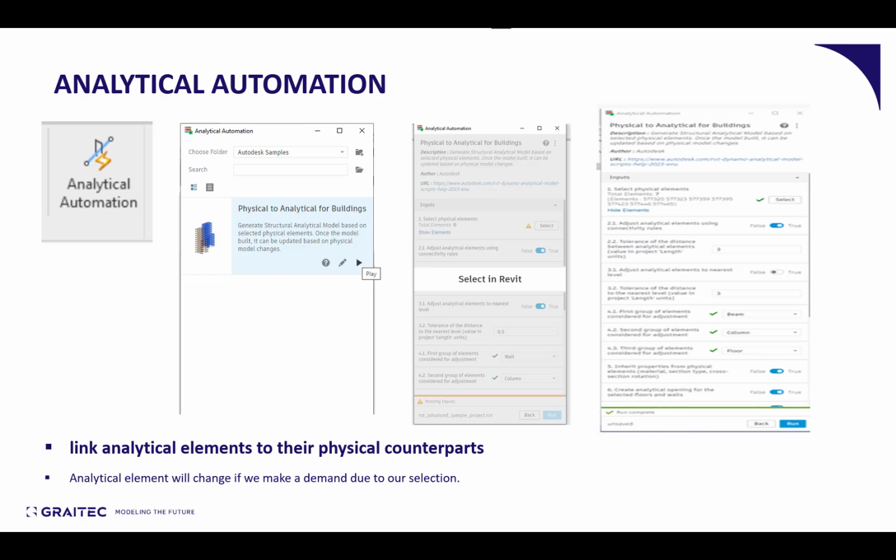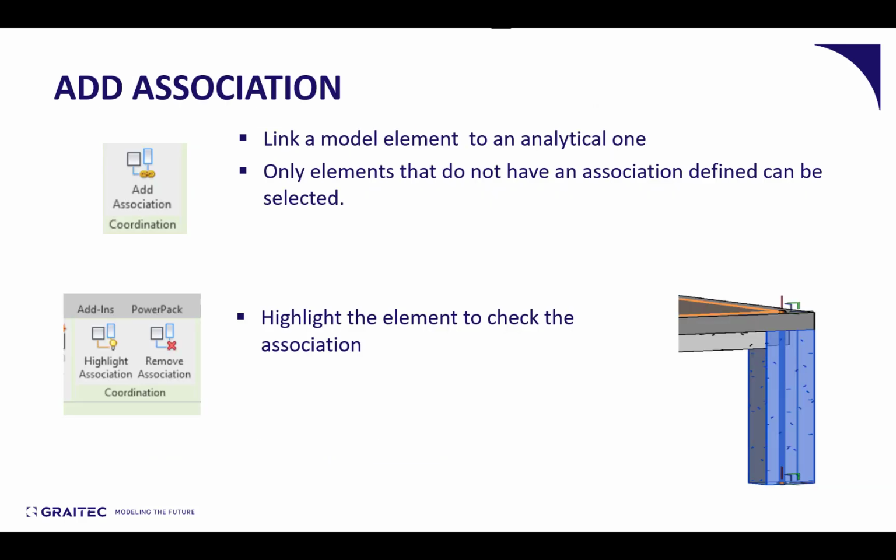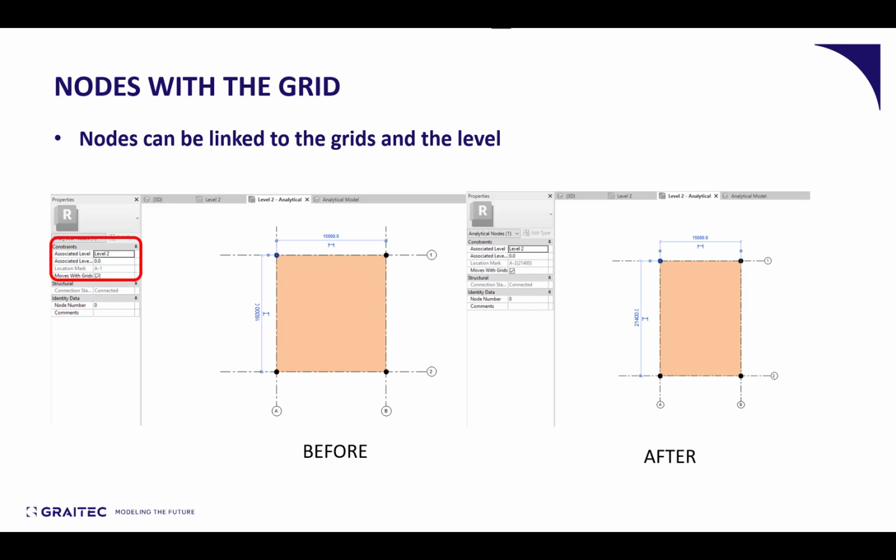Analytical automation is a tool based on Dynamo scripts which helps the user to automate the analytical model creation from the physical one in Revit. Add association is also a new concept in Revit to link an element to an analytical one, so it will be possible to add or to remove this association.